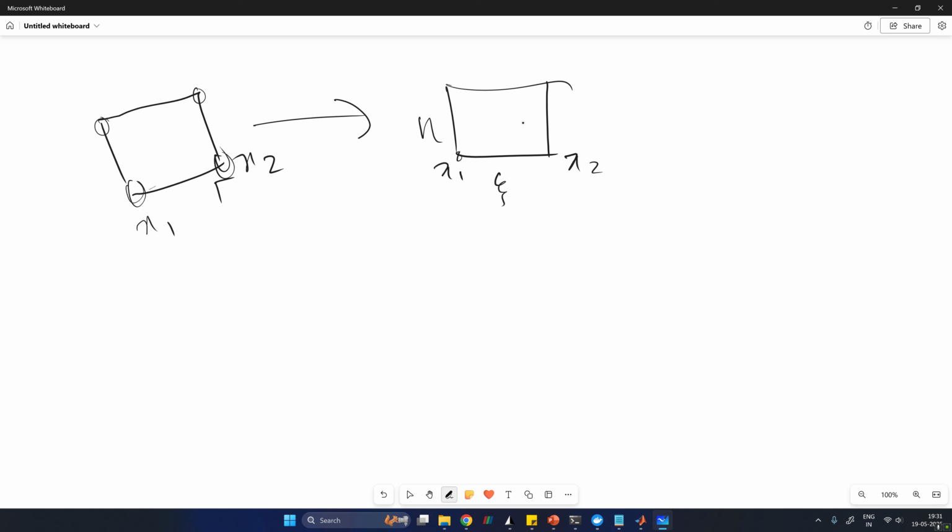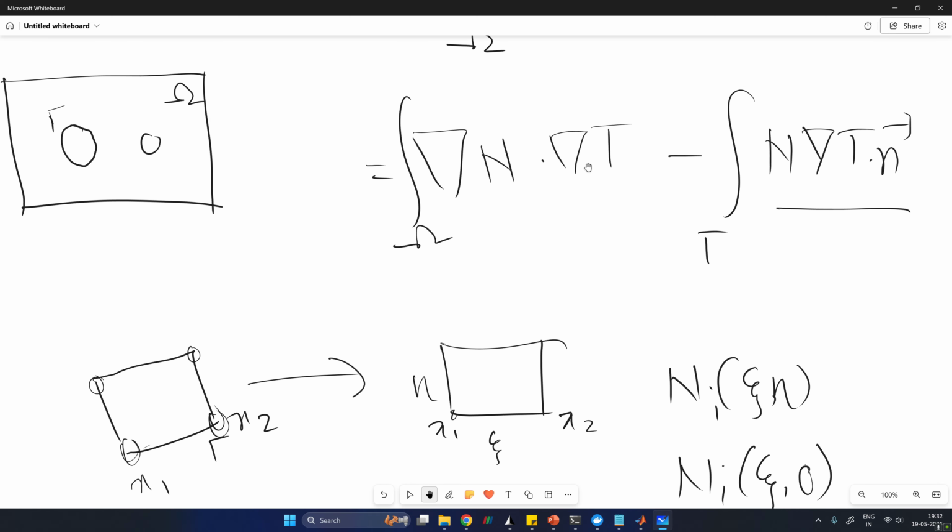So basically the boundary integral, you could just write this n, which is your, so you could have all of these 4 shape functions here, n inside this quad, and you could just put eta equal to 0, and then this would be your boundary function. Okay, so this is again the same test function which is coming from your weak form, but this is just defined on the boundary.